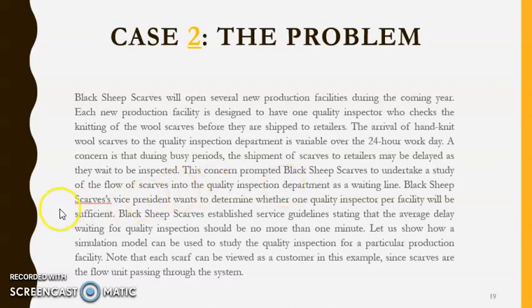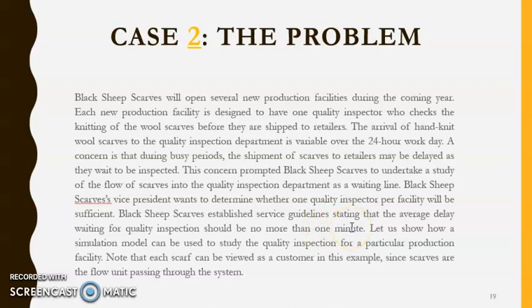Black Sheep Scarves' Vice President wants to determine whether one quality inspector per facility will be sufficient. Black Sheep Scarves establish service guidelines stating that the average delay waiting for quality inspection should be no more than 1 minute.